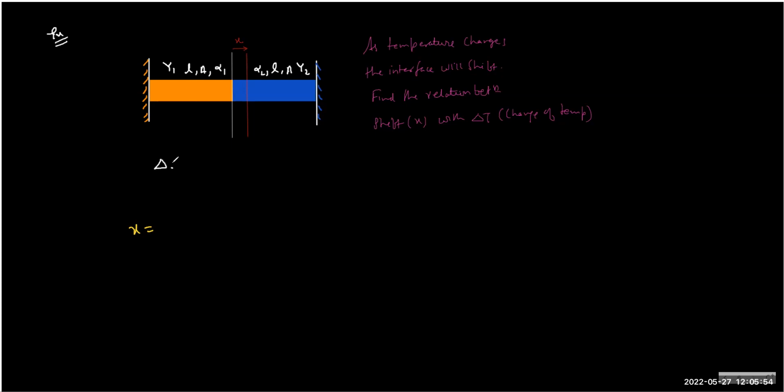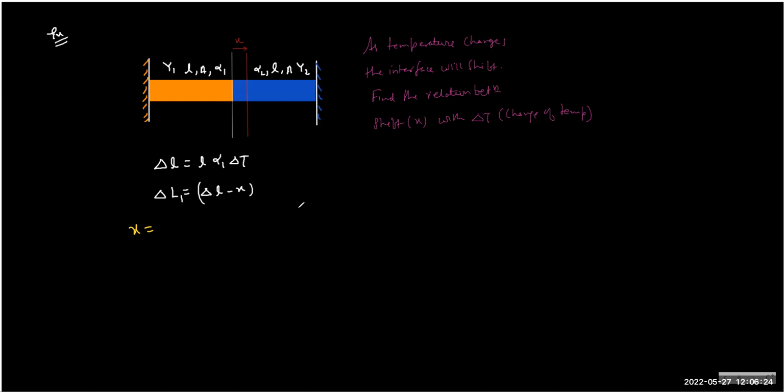The delta small l will be how much? L alpha 1 delta t, right? Yes, sir. But it is trying to expand, but how much you are allowing to expand actually? Only x, correct? So deformation of the first rod will be the expansion minus x.